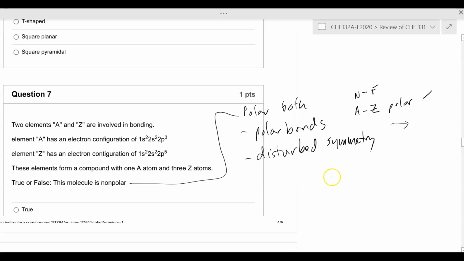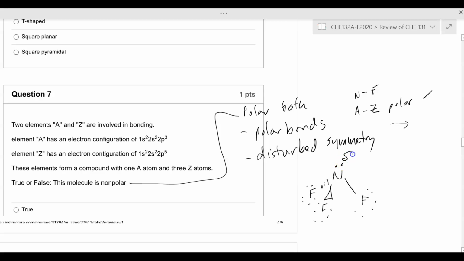Do we have a disturbed symmetry? Absolutely. The lone pair that's on top of this means that the 3 fluorines at the bottom are not symmetrically distributed enough for there to be no net polarity or net dipole.